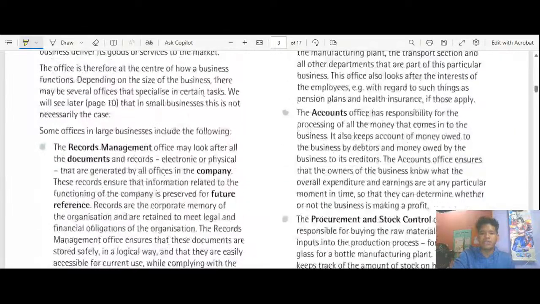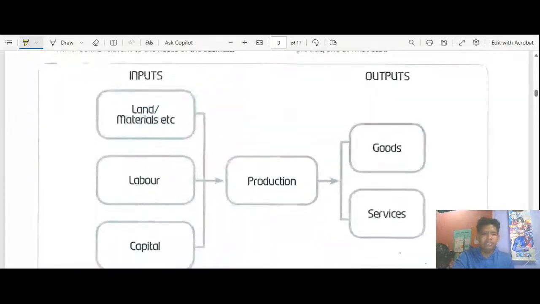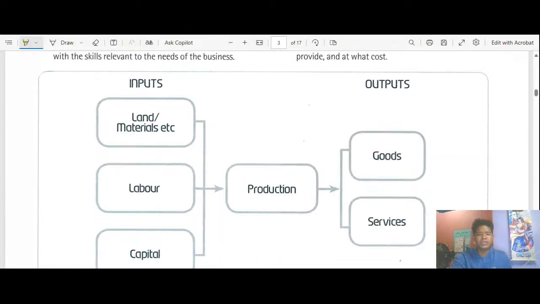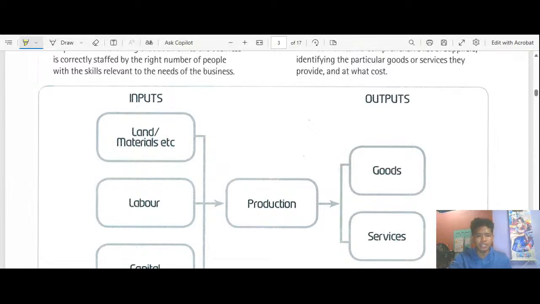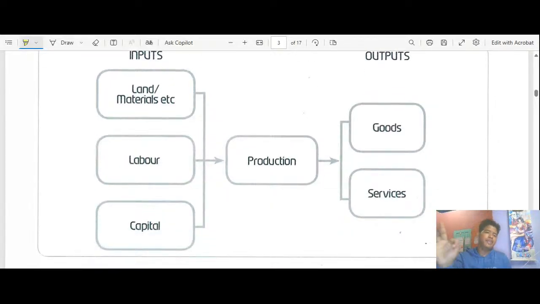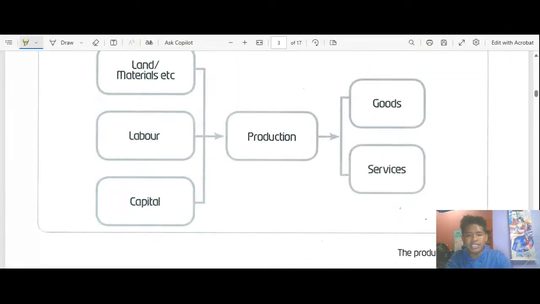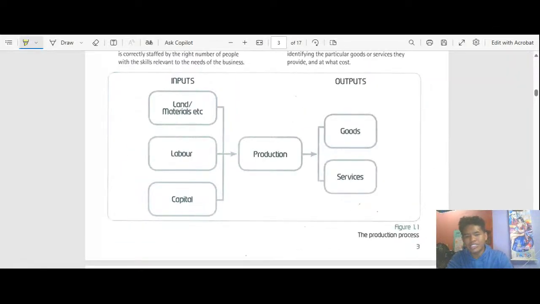So let's go into the next segment of it, which will mainly deal with the production process, right? So there are three main things that are necessary for production to take place, right? There is land, there is labor, and there is capital. This is a basic illustration of what inputs we need in order for the production process to take place.